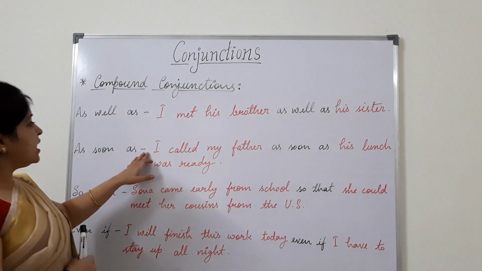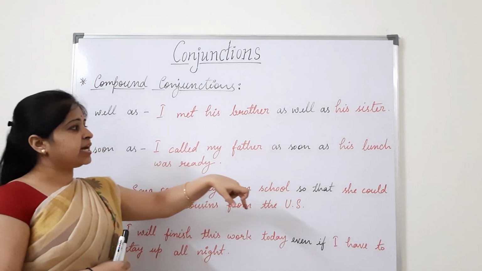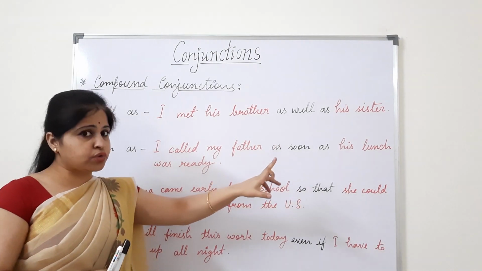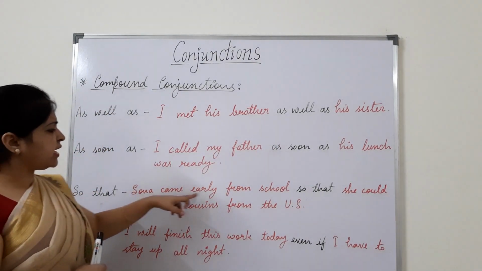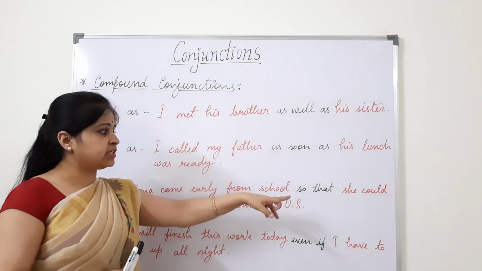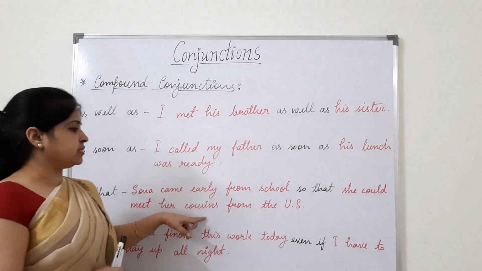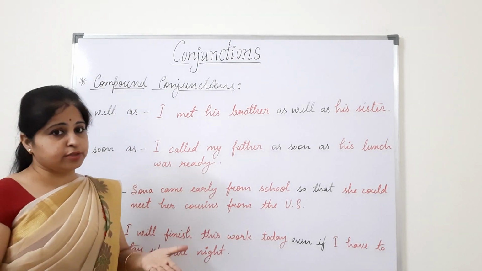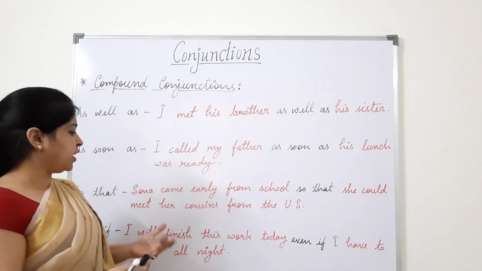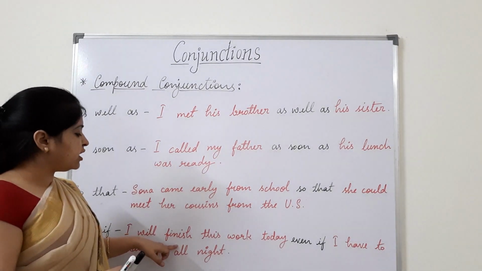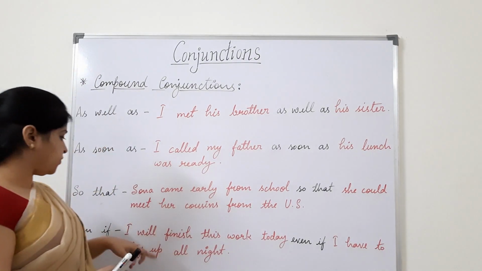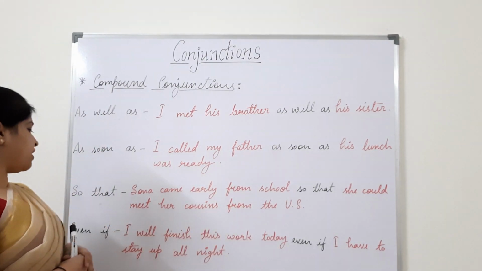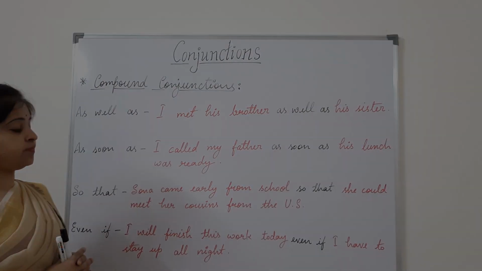Next, "I called my father as soon as his lunch was ready." As soon as is related to time. Next, "Sona came early from school so that she could meet her cousins from the US." Now, that is the result of something, the outcome of something. Okay, next, "I will finish this work today even if I have to stay up all night."